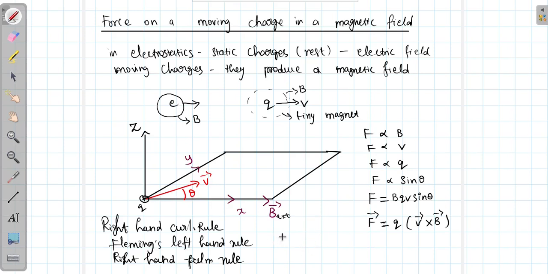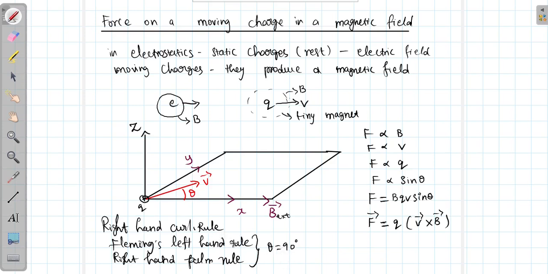Fleming's left hand rule and the right hand palm rule can be used only if the angle between V and B is 90 degrees. If you want to use these two rules, theta must be 90 degrees. Therefore, we go for the right hand curl rule.